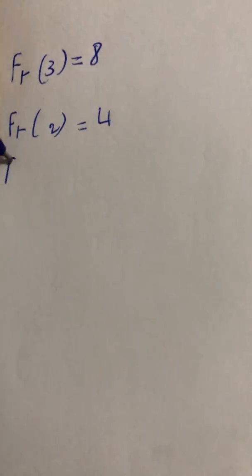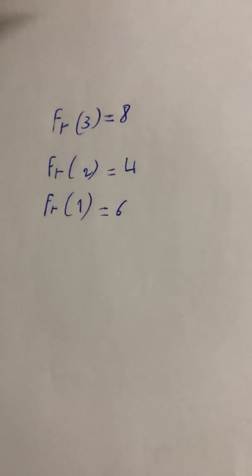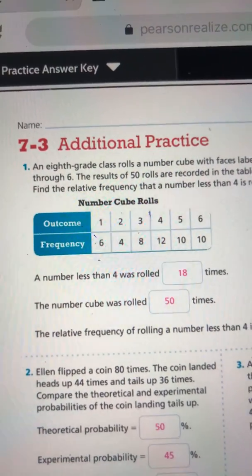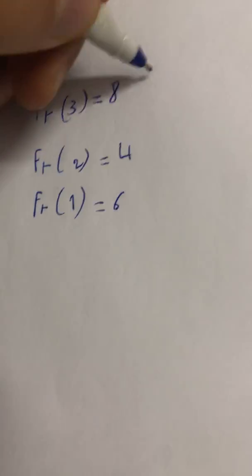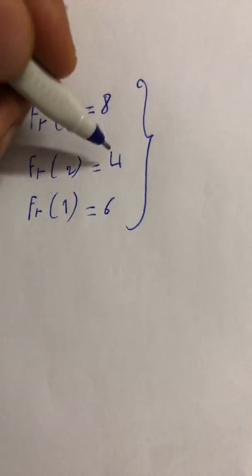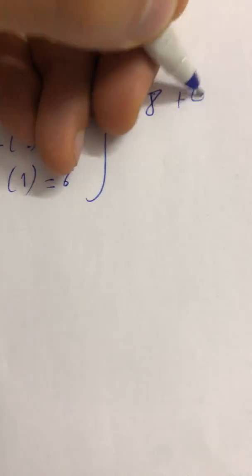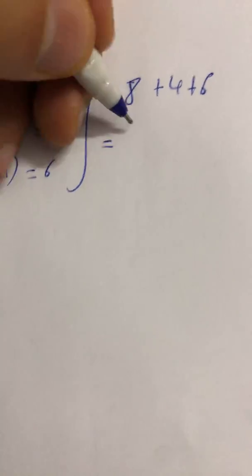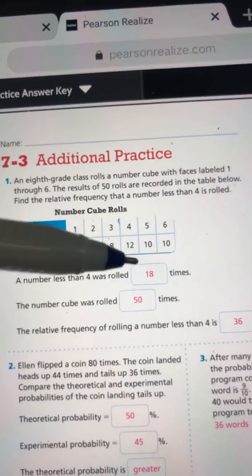And frequency of 1 equals 6. Then, the question wants a number less than 4 was rolled how many times? I just add the sum of frequency. The sum of frequency here is 8 plus 4 plus 6. So, 8 plus 4 plus 6 equal how much? 6 plus 4 is 10, 10 plus 8 is 18. Okay, 18. That's why the answer here is 18 times.